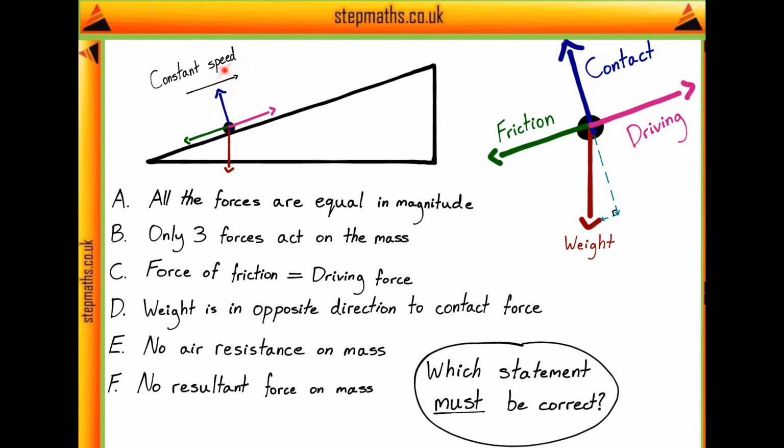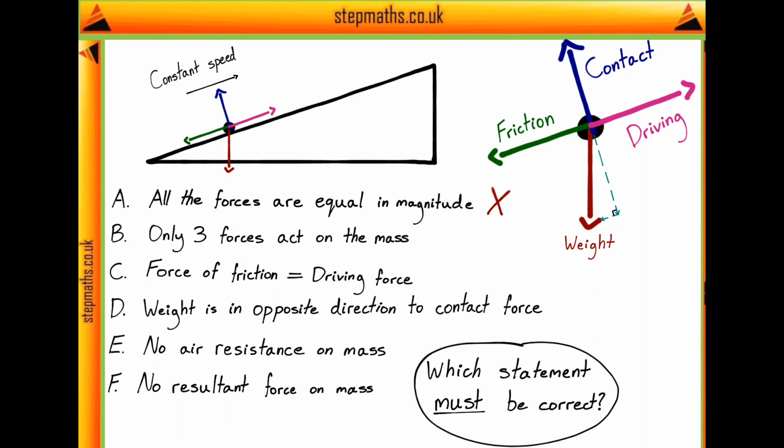If it was, then it'd be moving off or it'd be moving into the surface. So our contact force and the component of our weight, which is perpendicular to the surface, must be equal to one another. Since these two are equal, then the weight cannot be equal to the contact force, since the component of weight perpendicular to the surface is going to be smaller than this. So our first statement is going to be false.